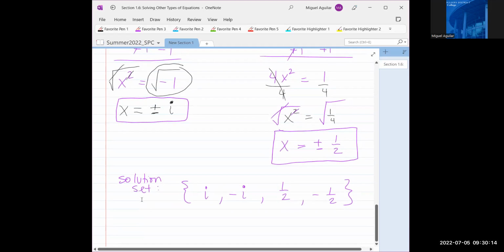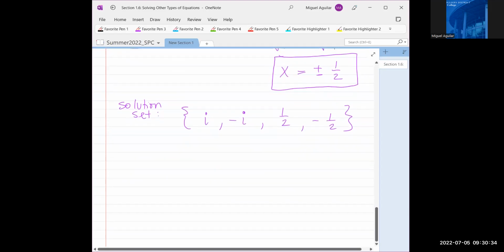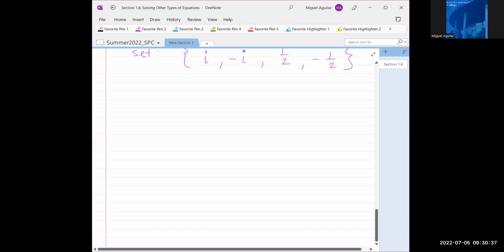My hope is that because it looks similar enough to solving a quadratic, we don't need a whole lot of practice to get that one down. I will be throwing together a practice test for us to work on tomorrow in person. So we should get more practice with this, but we're going to have to move on to the next type of equation that we're going to solve.